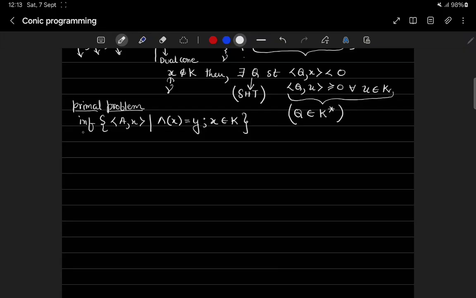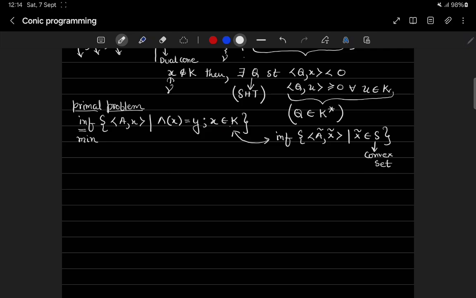This infimum I can sometimes replace with minimum also, and we are not going to bother about the subtleties in doing that. But this is the primal problem. It is an optimization problem, and one can show that this primal problem can be written in a more general way as the infimum over some A tilde x tilde such that x tilde belongs to S, some set.